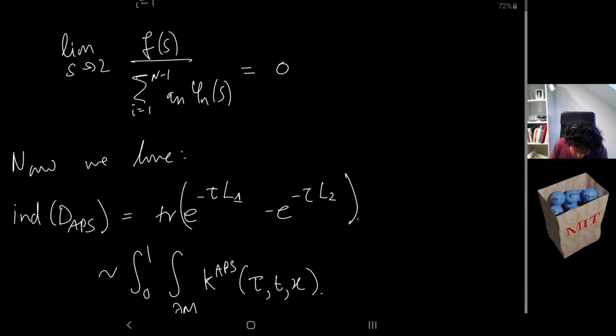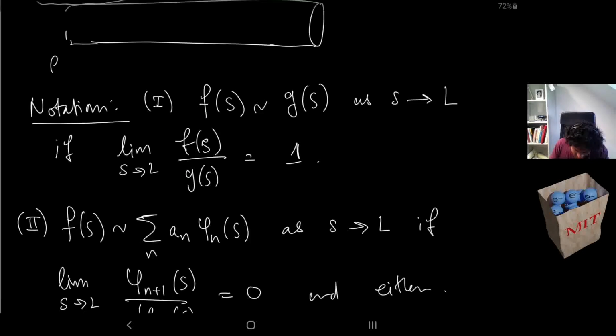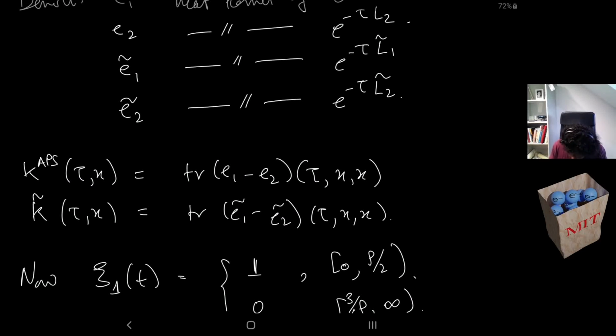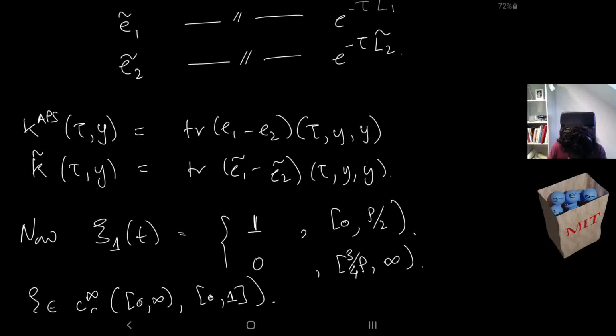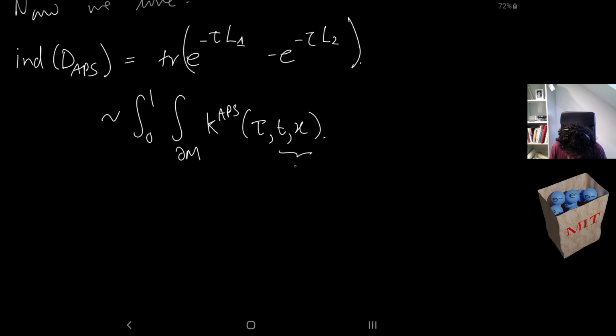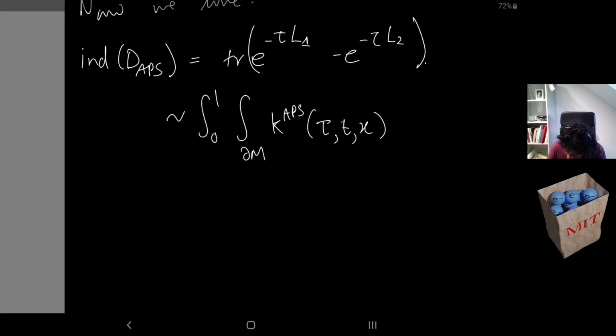Maybe instead of x here, I should have really written y, for the reason that now I'm inside the cylinder. So I'm writing these coordinates inside the cylinder now. The y coordinate inside the cylinder is just t and x. Okay, so that's why I'm writing it in this way.